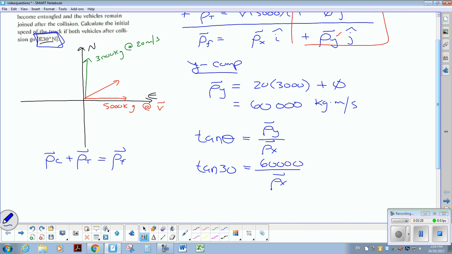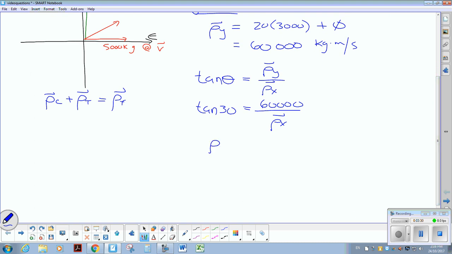So I can isolate momentum in the x direction: 60,000 over tan 30. If you plug that into your calculator, making sure you're in degrees, 60,000 divided by tan 30, I get 103,923 kilogram meters per second.